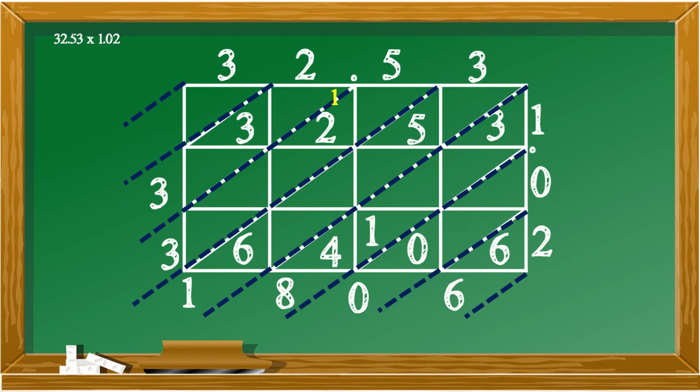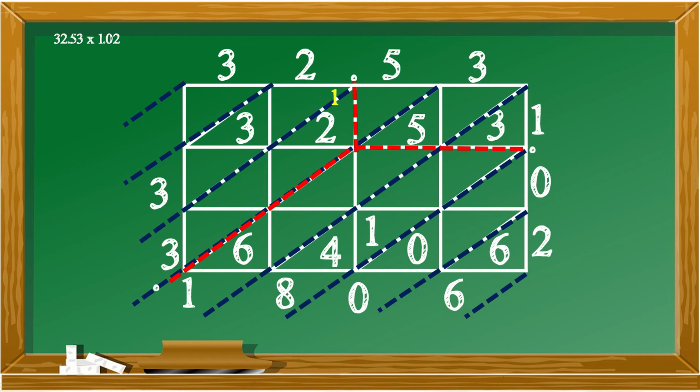Okay, so now let us make those decimal points meet. So we will draw lines just like that and just like that, so they can meet in the upper part of the box, and then bring them down just like that and put the decimal point.